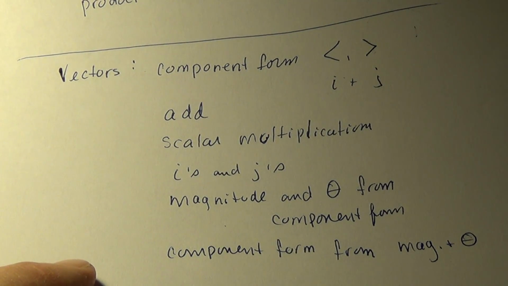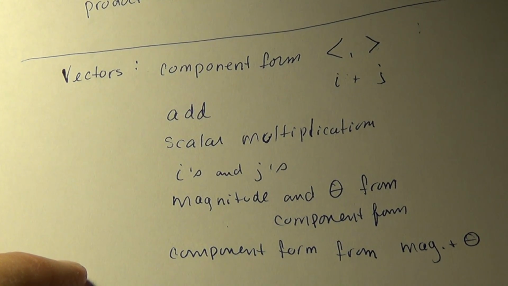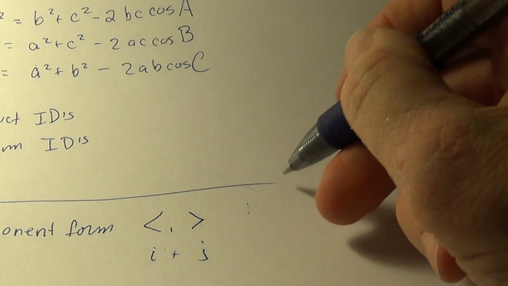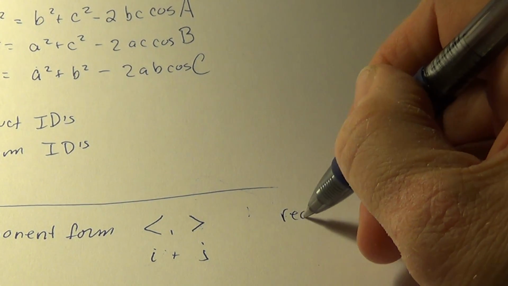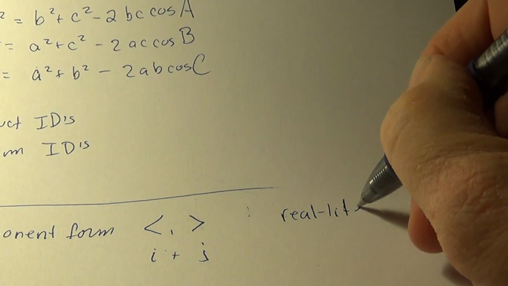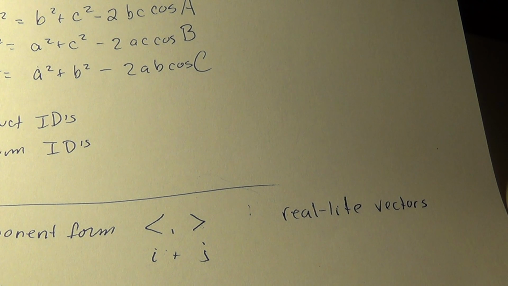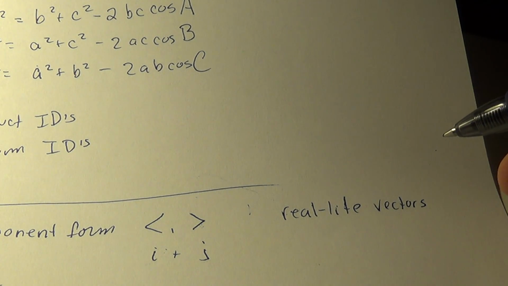All right, so we went both ways. Then we finished up recently with real life vector problems, such as two forces acting on a point. What is the sum of those two forces?